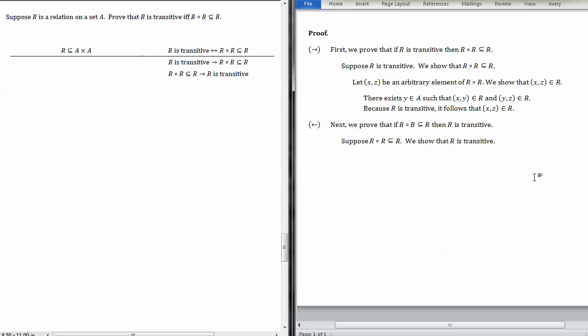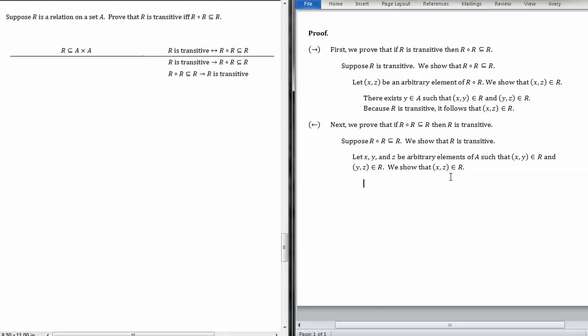To show it's transitive, we're supposed to let X, Y, and Z all be arbitrary elements of A, such that we have XY is in R and YZ is in R. And then we're going to show that XZ is in R.